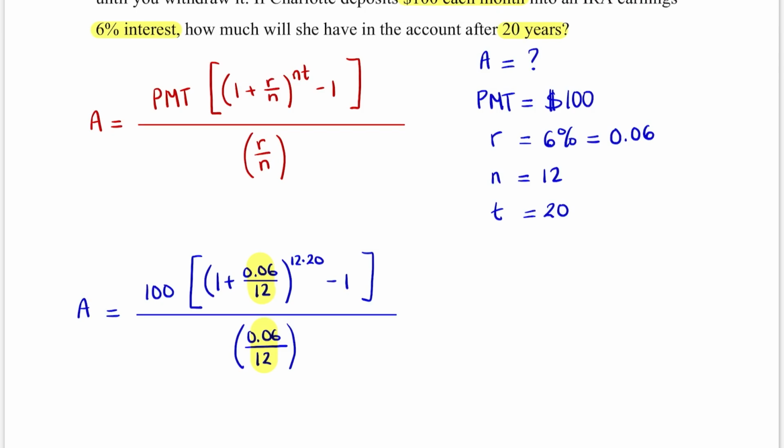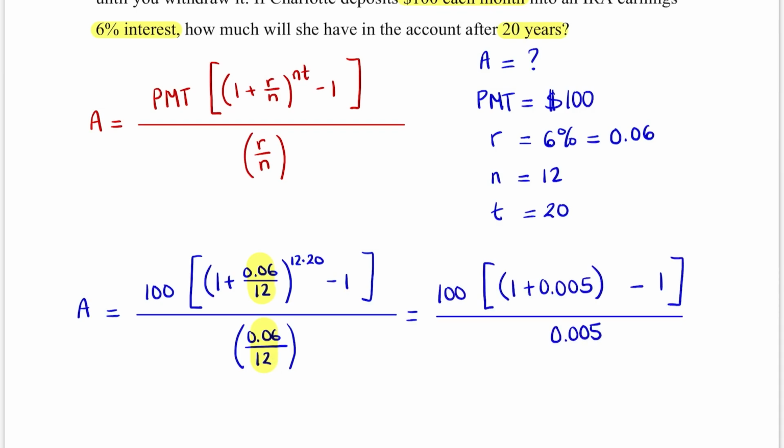I'll have 0.005. So I am replacing this fraction with 0.005 and this fraction with 0.005. And I am also simplifying 12 times 20. 12 times 20 is 240. So I replace that with 240.